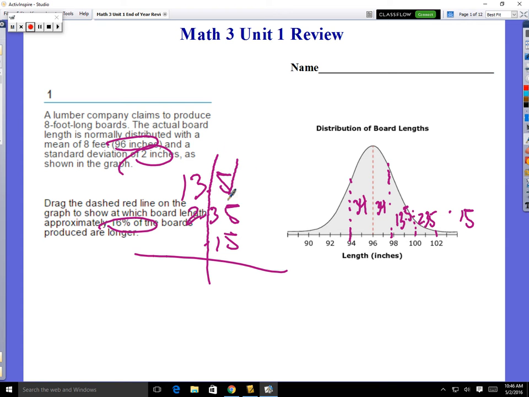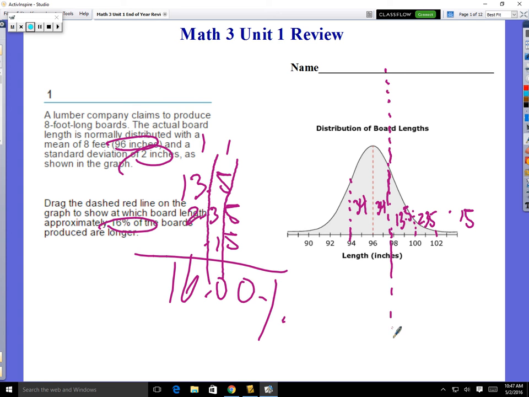There's the decimal, so I gotta add these two together. 5 and 5 is 10. 5, 6, 7, 8, 9, 10, 13, 14, 15, 16. So there we go, 16%. So you have got to drag your dotted line right here. So 16% of the data is to the right of that dotted line, which means the boards to the right, these are getting longer and longer.